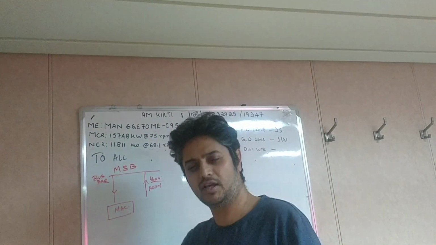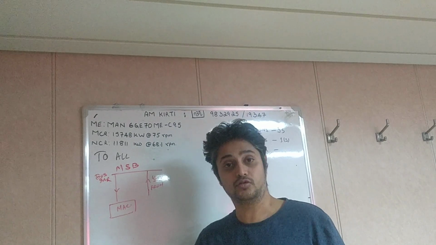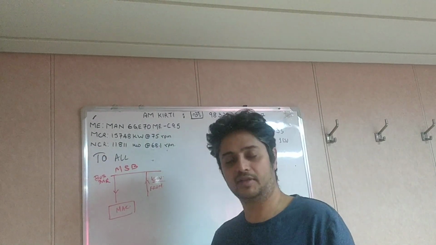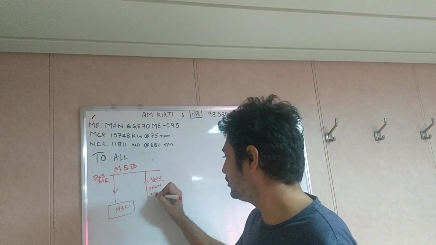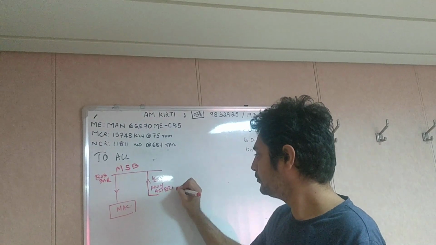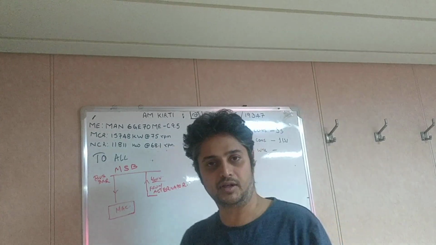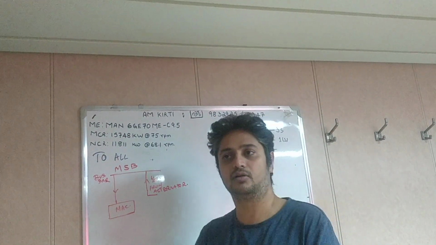Just wanted to recap a little bit here and there, especially for class 4 students. It's for their understanding. So suppose one generator is running and you have the main air compressor getting started in auto.